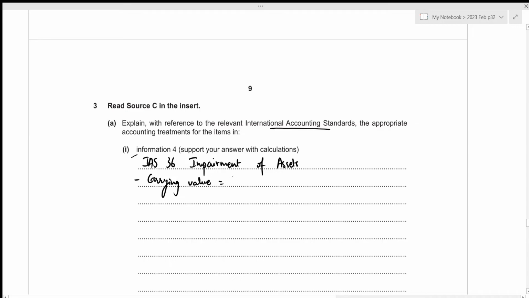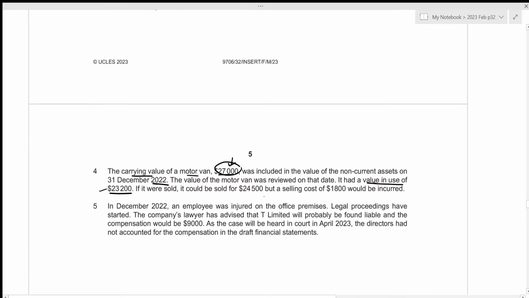Then we're also told that if it were sold, it could be sold for 24,500, but a selling cost of 1,800 would be incurred. This means that the fair value is going to be our selling price minus the selling cost. Let's write it down.